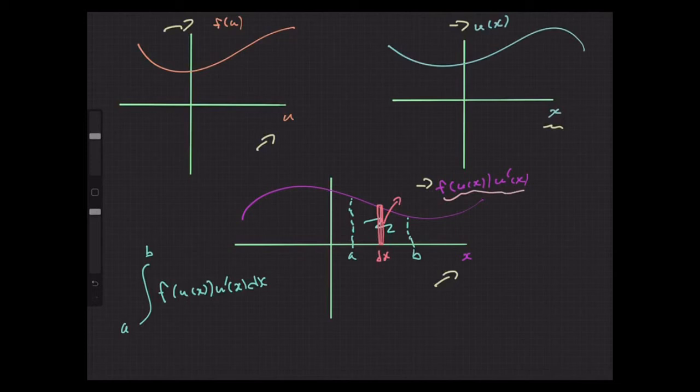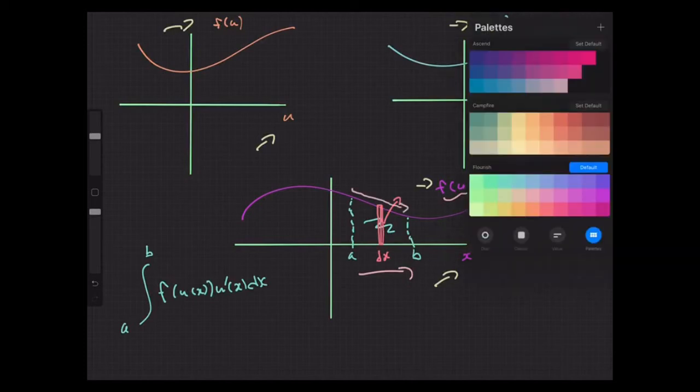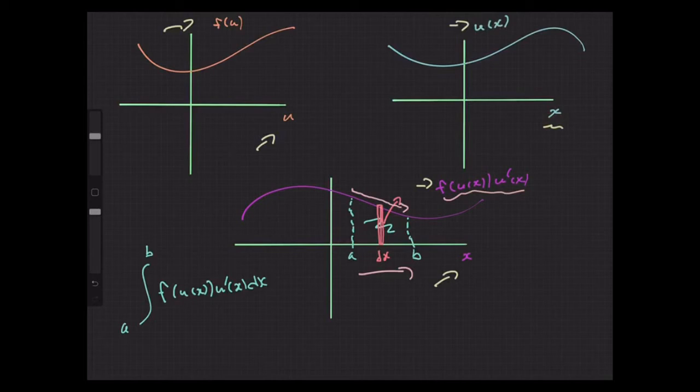So as x goes from a to b, this infinitesimally thin stick is moving along here, and we're summing up all of these infinitesimally thin rectangles, and that's what this notation is telling us.